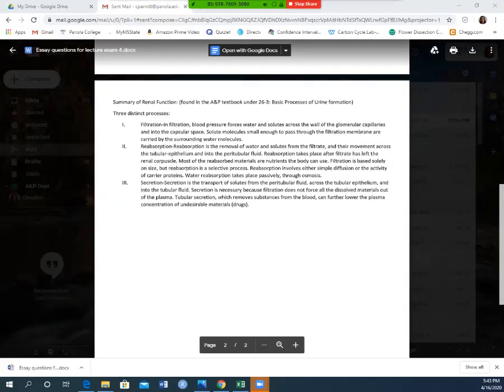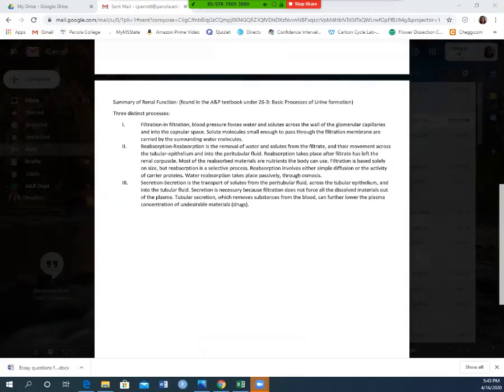Then reabsorption. In reabsorption, you're going to remove the water and solutes from the filtrate. Most of the reabsorbed materials and nutrients that the body can use are going to be reabsorbed, because you want to recycle and reuse as much as possible in the body and not pee out anything that is not purely a waste.